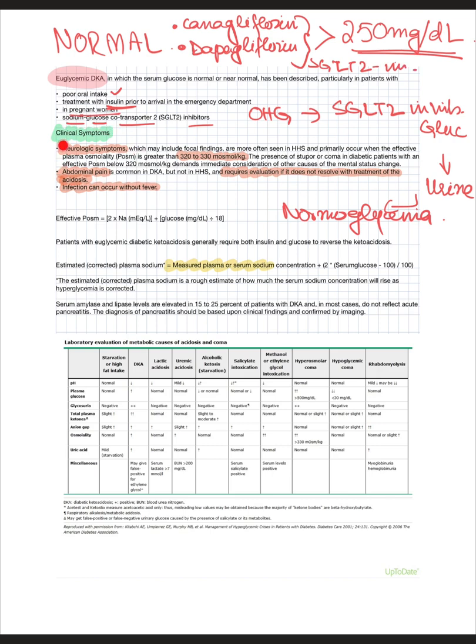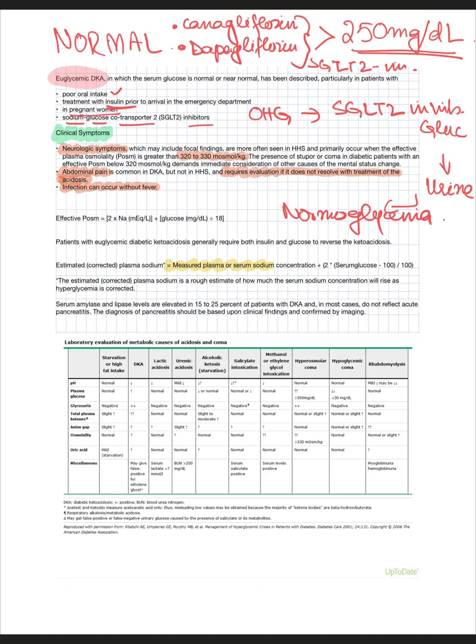As previously discussed, the neurological symptoms appear more in HHS as compared to DKA. Why? Because in HHS, glucose is higher than DKA. So if the patient has severe DKA, their osmolality is usually greater than 320 to 330.